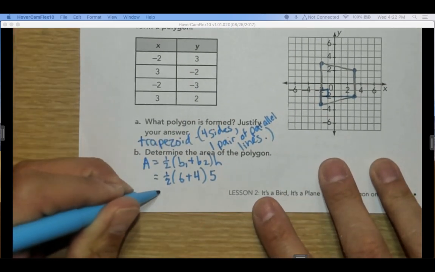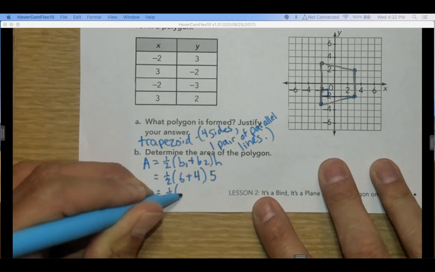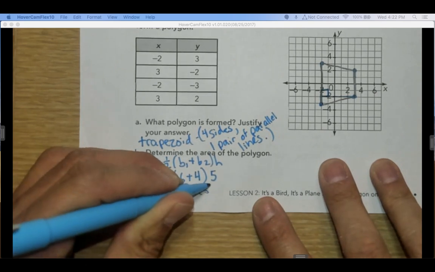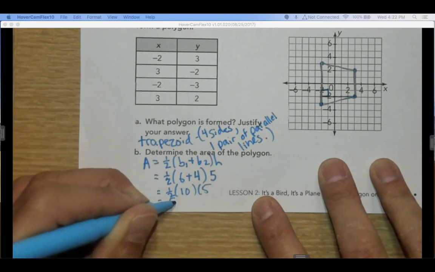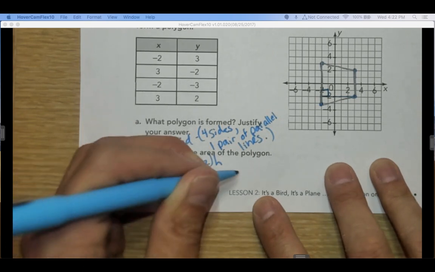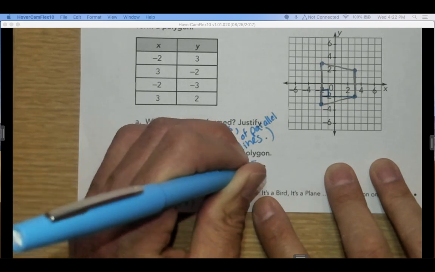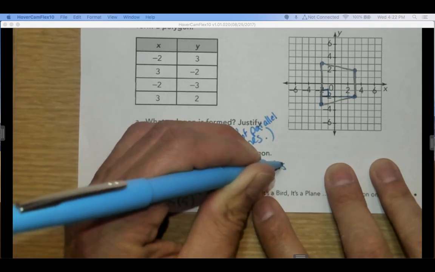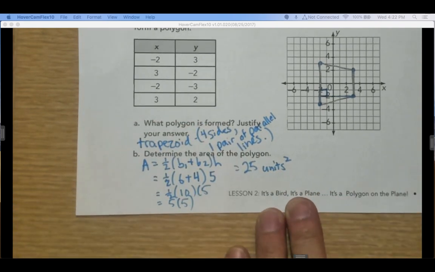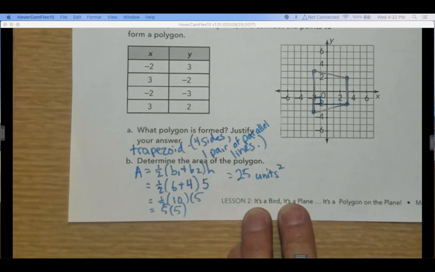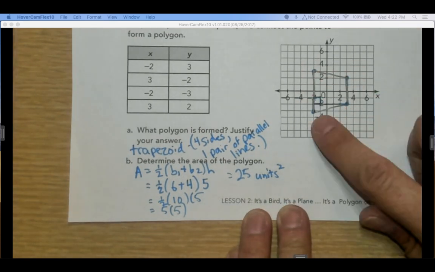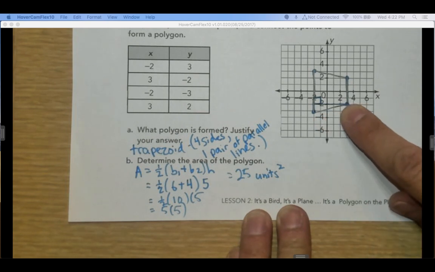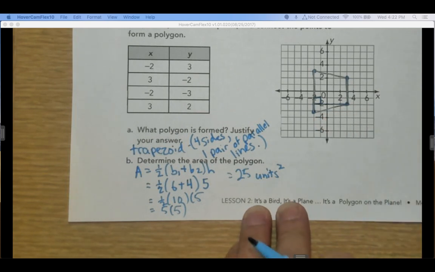So I would have 1/2 times 10 times 5, half of 10 is 5, times 5. And the area of this is going to be 25 units squared. Do you see why they didn't ask you for the perimeter for this one? I know this, and I know this, but I can't count this very easily because it's on an angle. And so that's our second what shape am I?